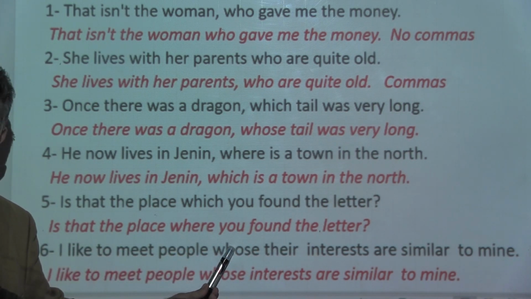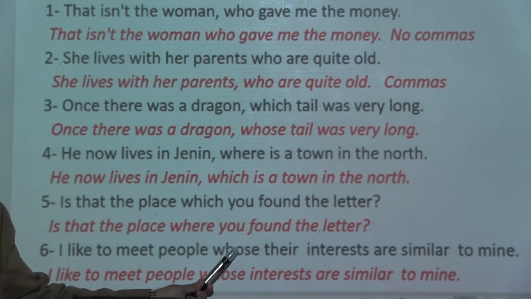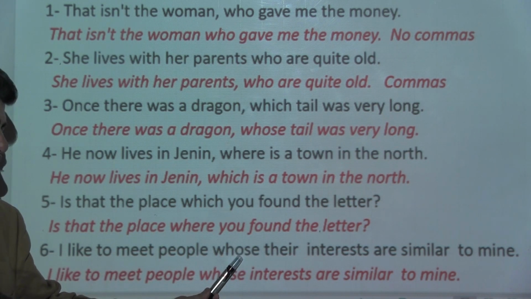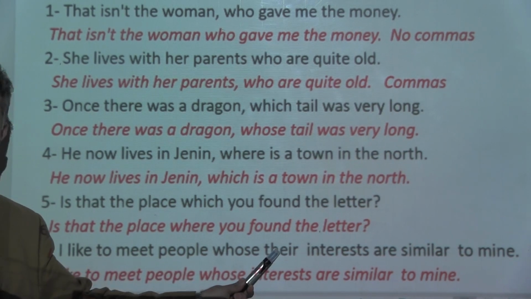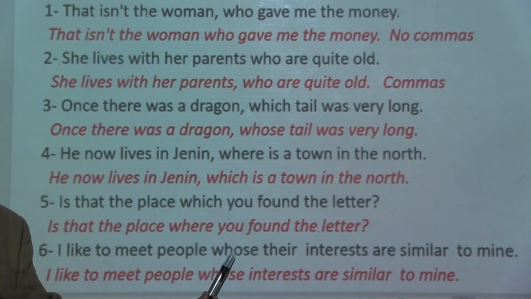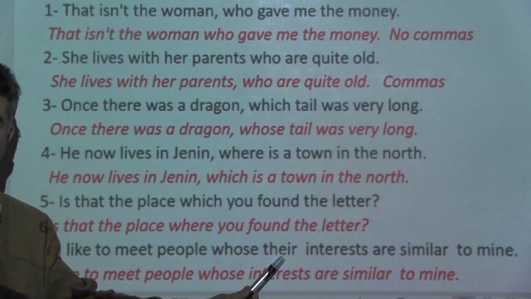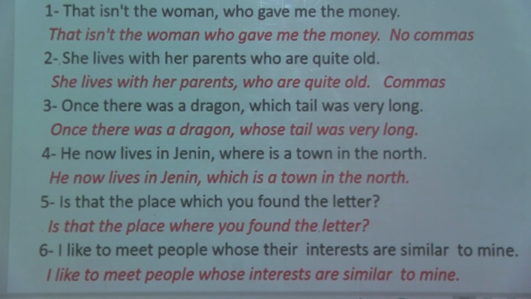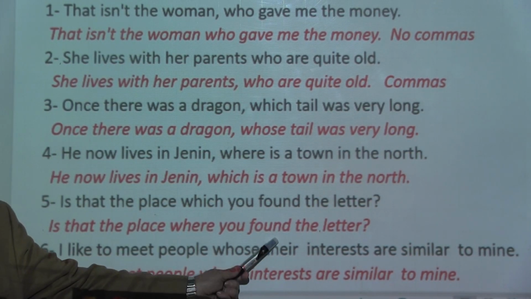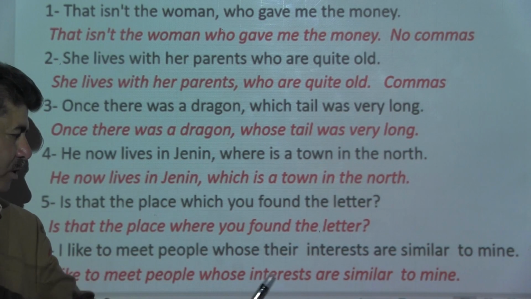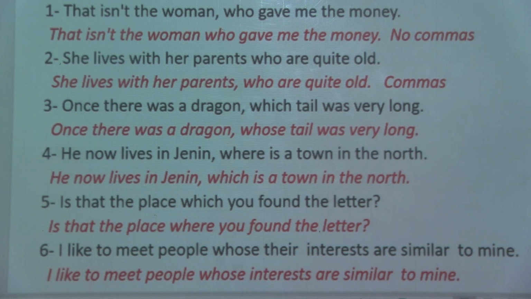I can't use the relative possessive pronoun whose and the possessive adjective there together. I have to delete there, because I used whose in place of the possessive adjective. I like to meet people whose interests are similar to mine.